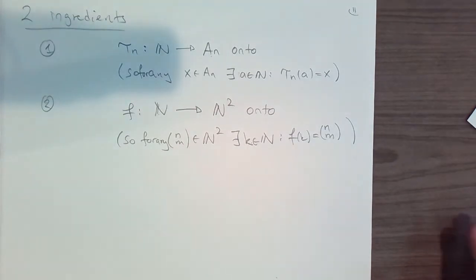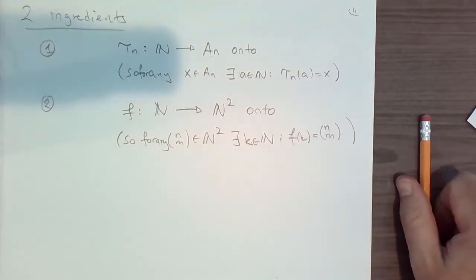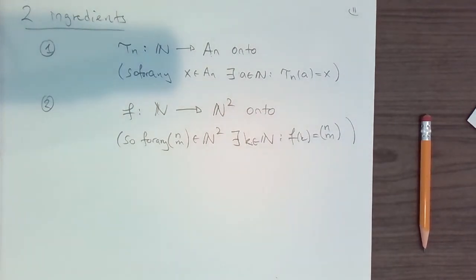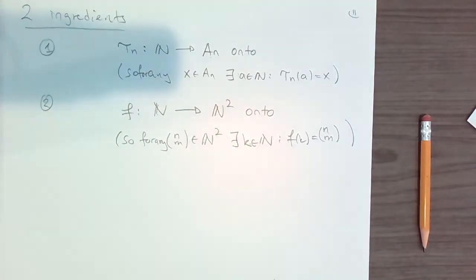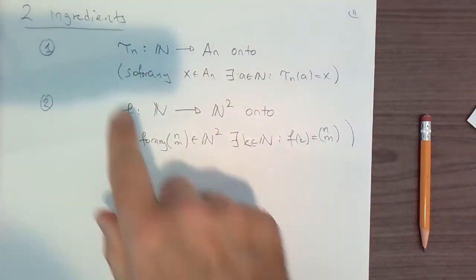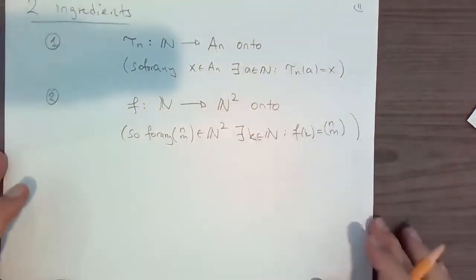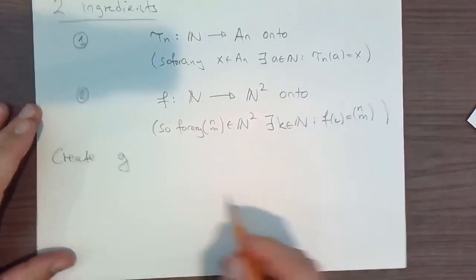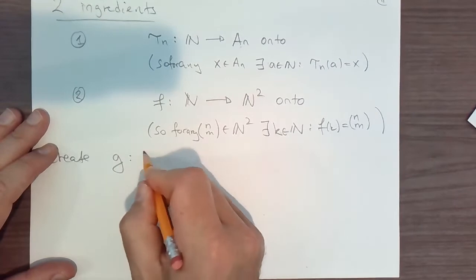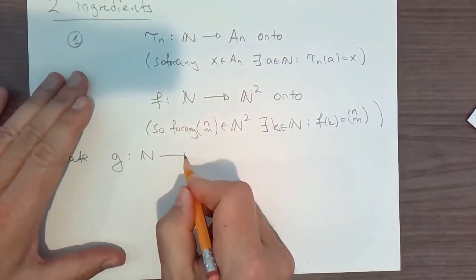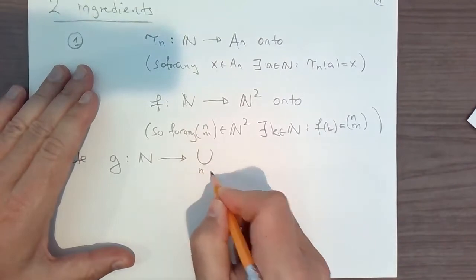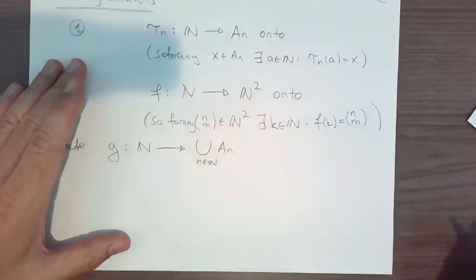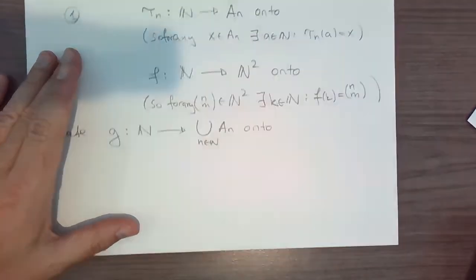Could we follow this, everybody? So this one here is good. Now we have a collection of functions called tau1, tau2, tau3, and then we have this f. What we want to do is create g going from N over into that union of these A_n, which is onto.